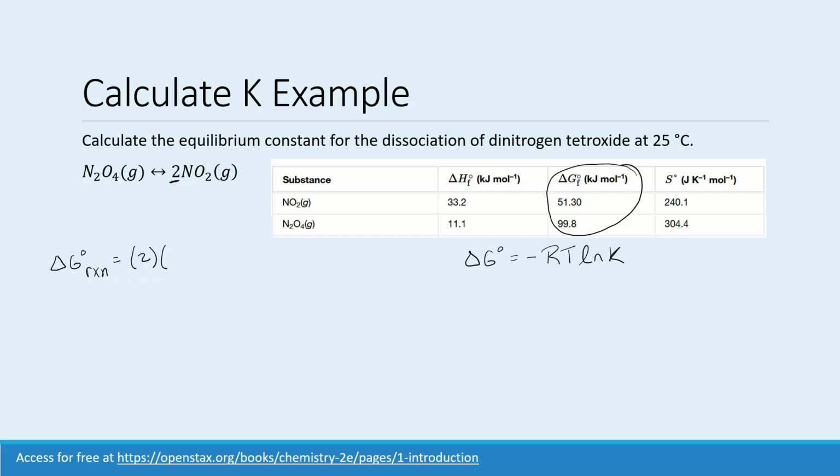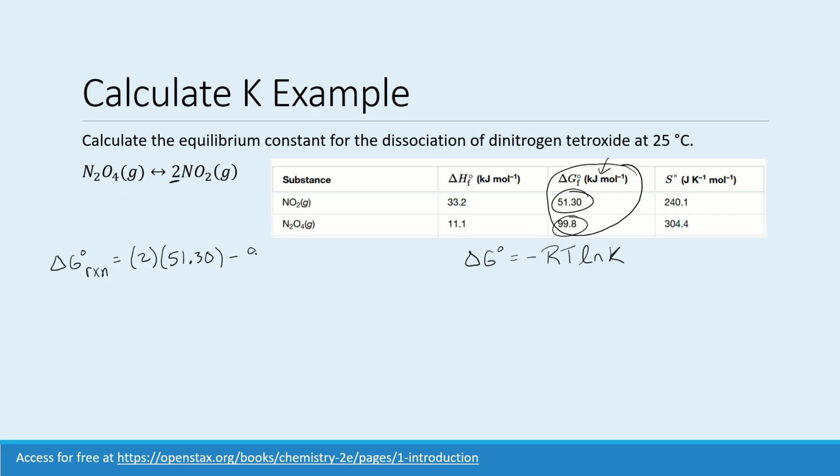So delta G of the reaction is always going to be products minus reactants, and that product has a coefficient of 2. So 2 times the free energy of formation for the nitrogen dioxide, that's the 51.30. I'm going to ignore units for now just because all of it's going to be in kilojoules per mole.